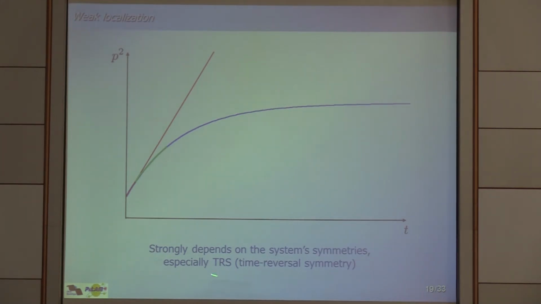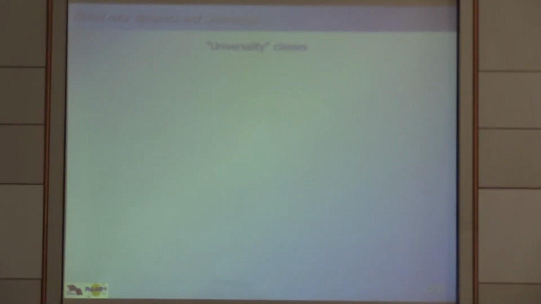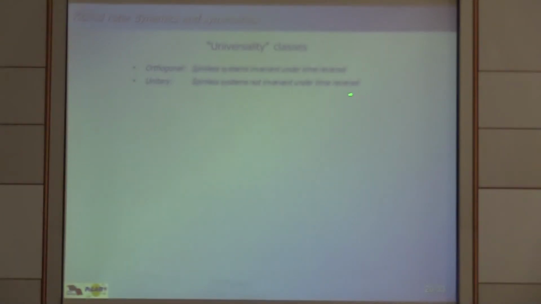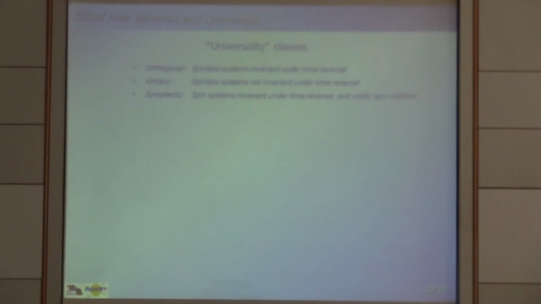For example, if the system is time reversal invariant, it is in the orthogonal class. The orthogonal class is defined as the spinless system invariant under time reversal. Unitary class is when you break time reversal invariance, but you don't put spin. And if you put spin and you keep time reversal, we are in the symplectic class.